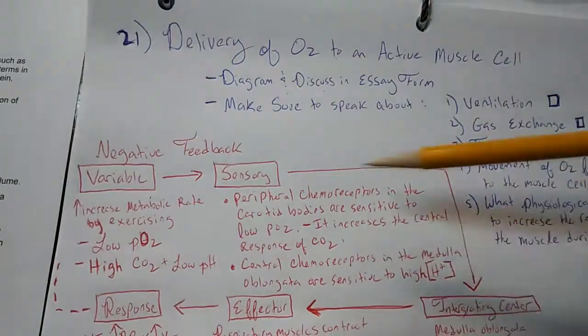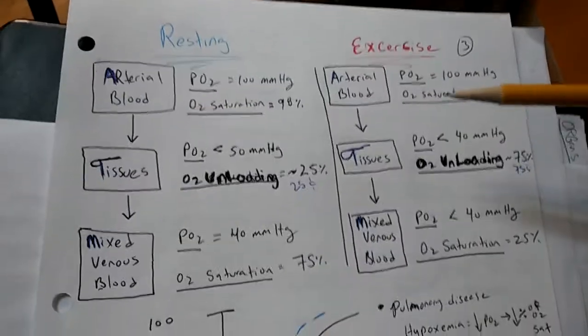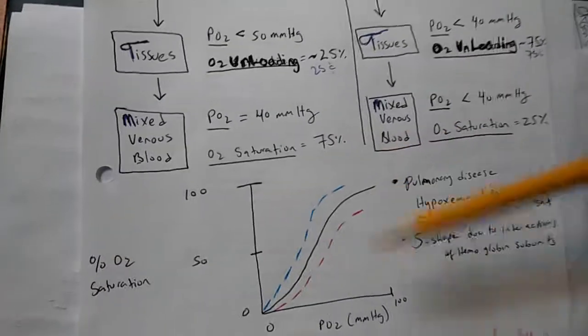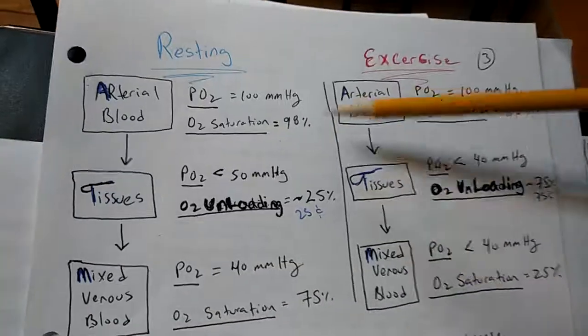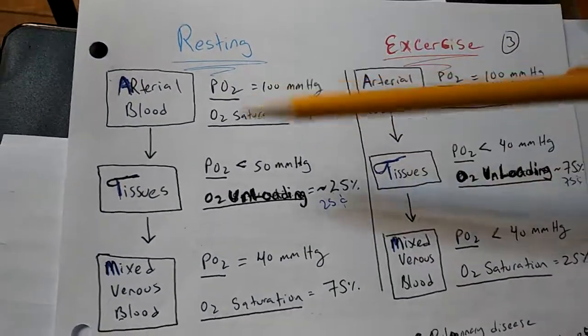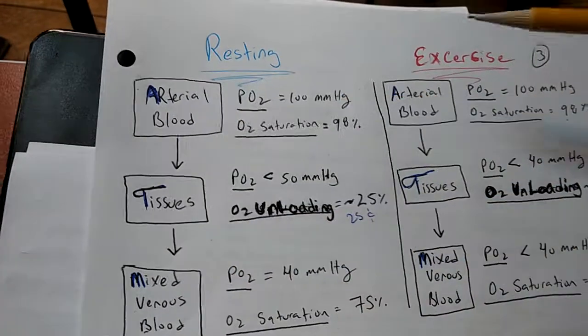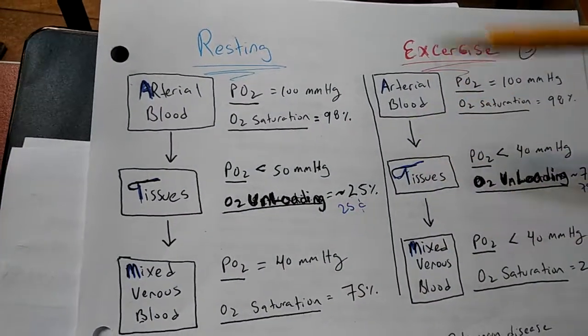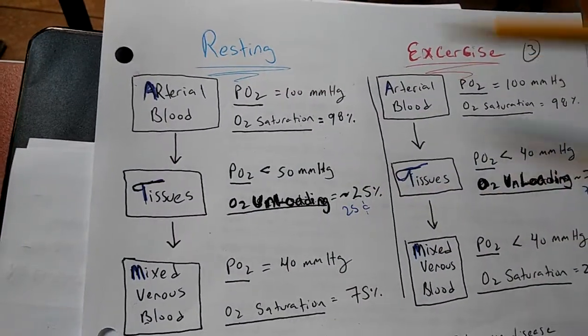Make sure to speak about these areas. We'll make that easier by using this diagram here. I know this graph is a little bit intimidating, but we'll make it much easier using this method. We have the ATM machine game and the ATM machine game here. This is during resting, this is during exercising.